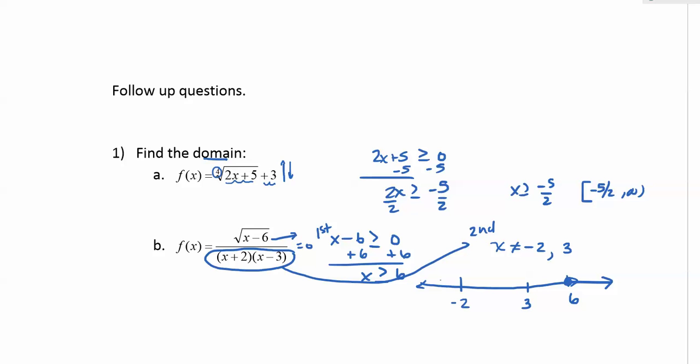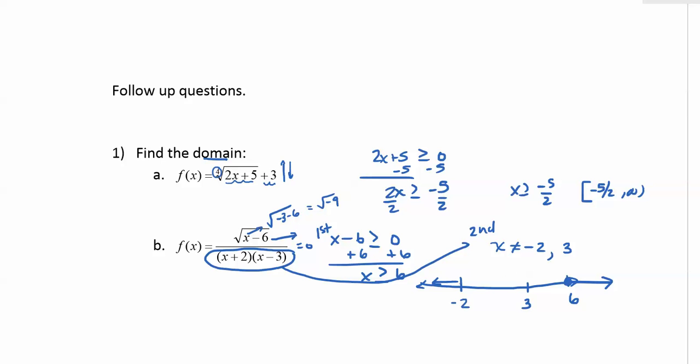So this is giving me several different intervals here for the domain. If I try to plug in any number that goes to the left of negative 2, like negative 3, it would be okay on the bottom. I wouldn't get a 0, but on the top is where the problem comes. If I try to do negative 3 minus 6 under that square root, I get a square root of a negative.